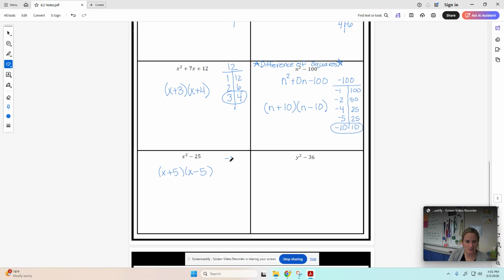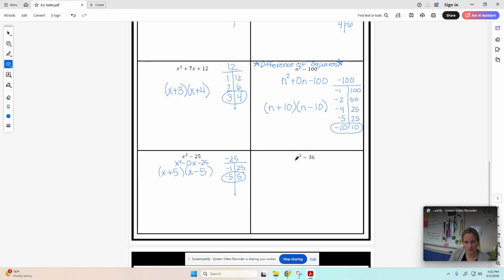Because the factors of negative 25 that add together to give me that coefficient of 0 are positive 5 and negative 5. And actually 25 doesn't have a lot of factors. You can see it right there. So whether you choose to keep going with this same method or you start to look for that pattern to realize that you don't have to spend all that time working, you're going to arrive at this same point here.